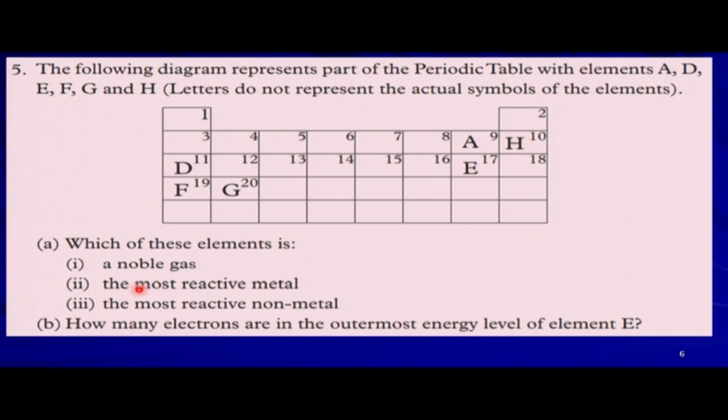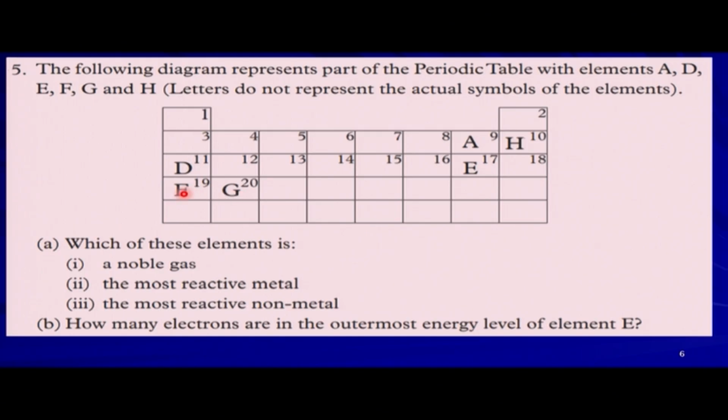And which is the most reactive metal? We have metals here. These three elements are metals. But we know that in metals, reactivity increases down the group and decreases across the period. So if it decreases, then F should be more reactive than G. Sorry, this is not fluorine.